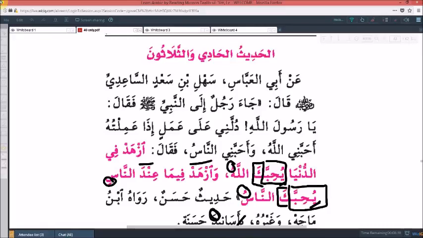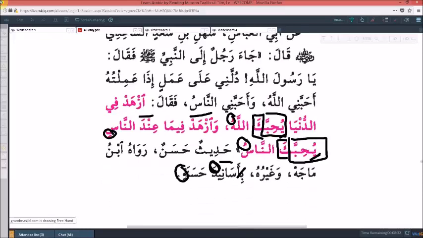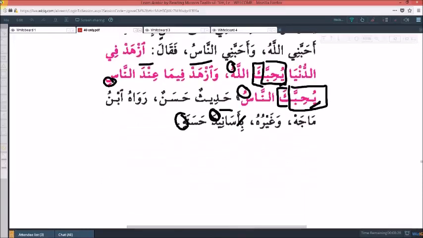And since it is a plural, which is non-intellectual, we describe it as feminine. So we say hasanatin, right? And it's an adjective, which we can see clearly is majroor. As we said, the adjective has to agree with the noun in 4 things, right?